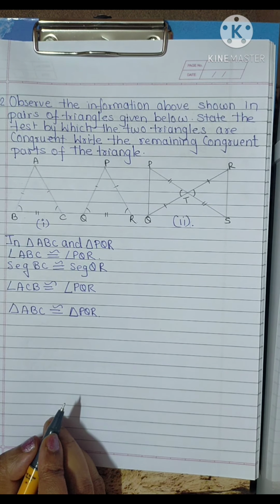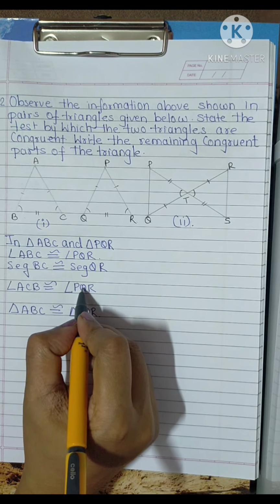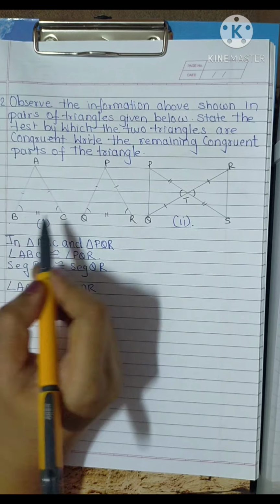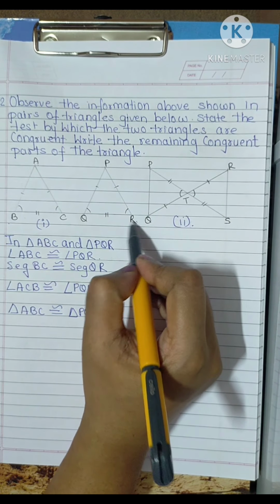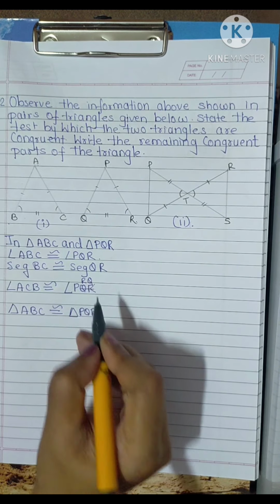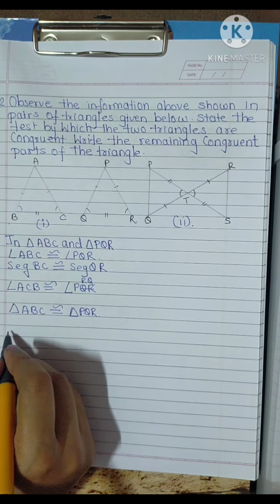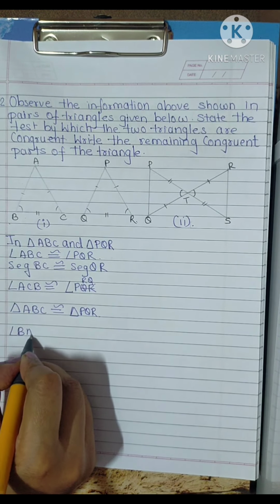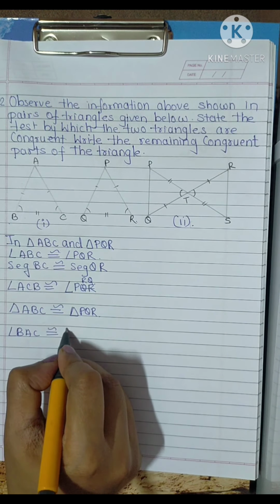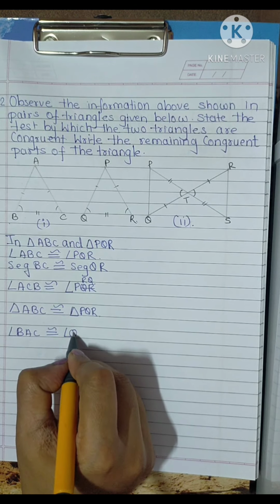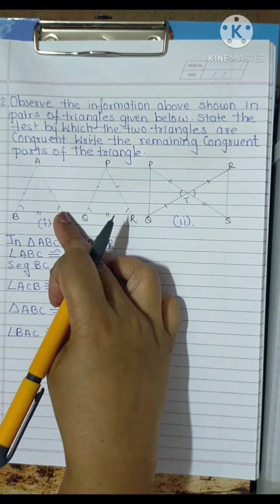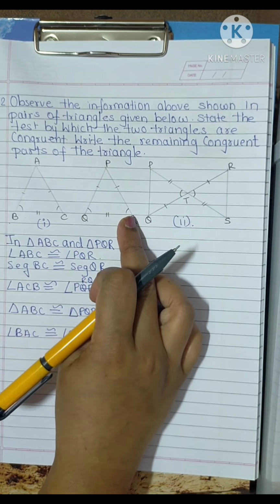I hope you are understanding. Now here angle ACB is congruent to angle PRQ. Again angle BAC is congruent to angle QPR.